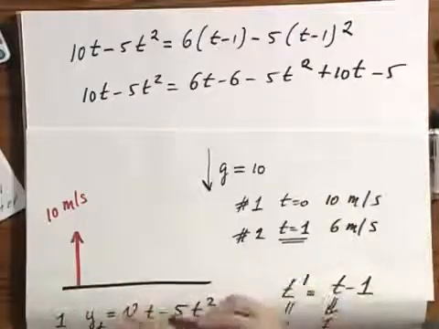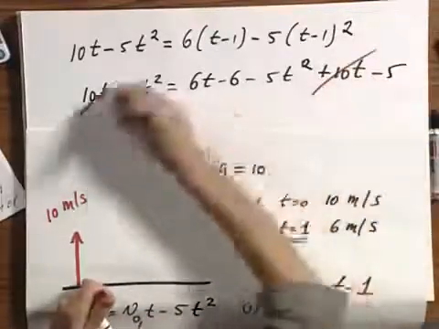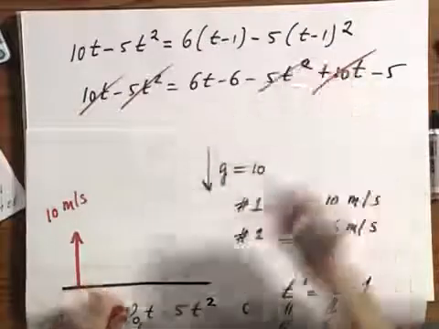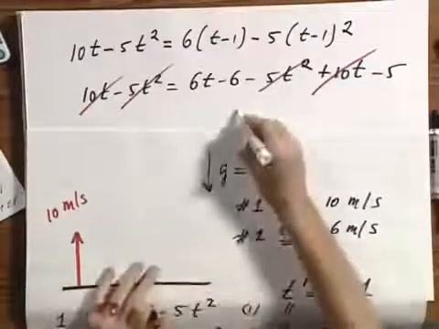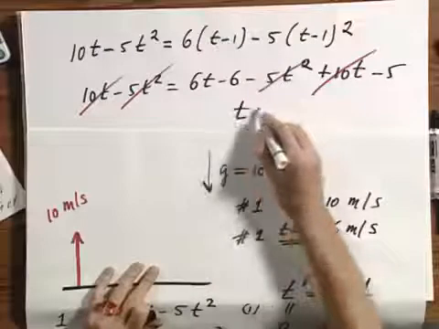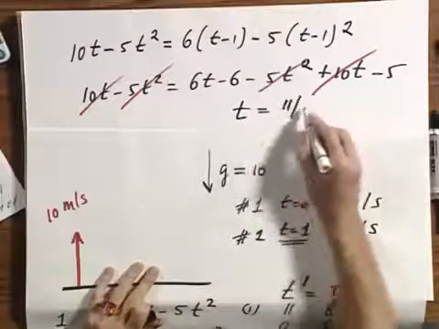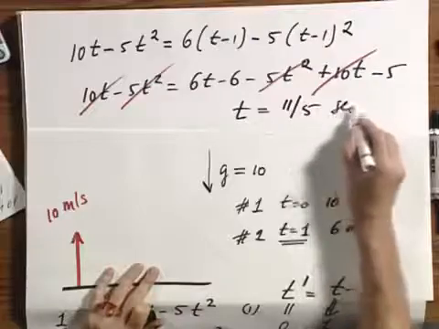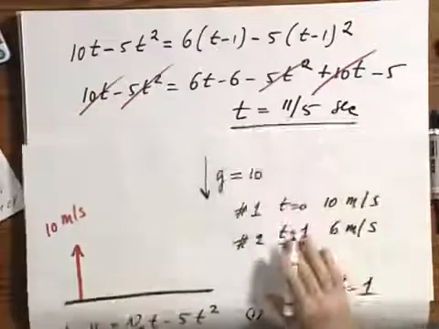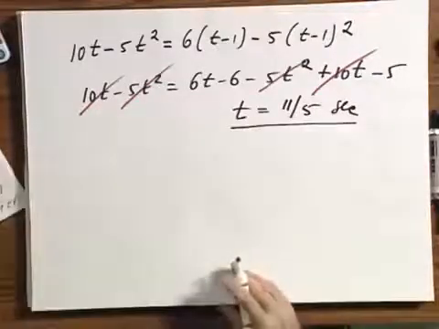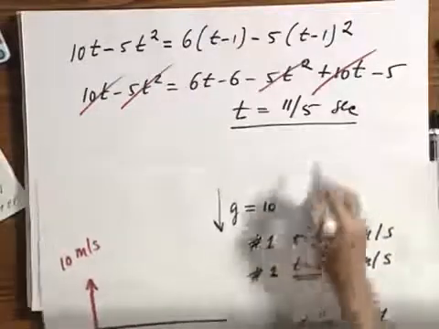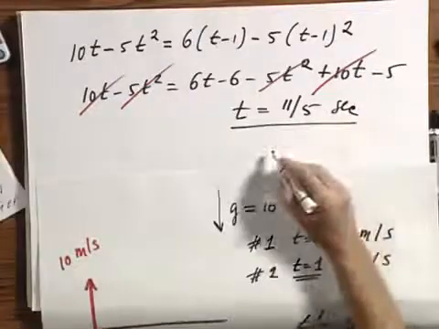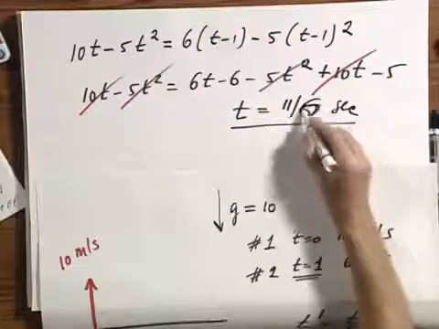And what do I see? This cancels, and I find that this will occur when t equals 11/6 seconds. I can now ask myself the question, where are these objects at t equals 11/6 seconds?